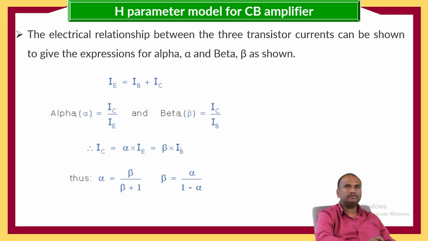Thus, from this we get alpha is equal to beta by 1 plus beta, and beta is equal to alpha by 1 minus alpha.